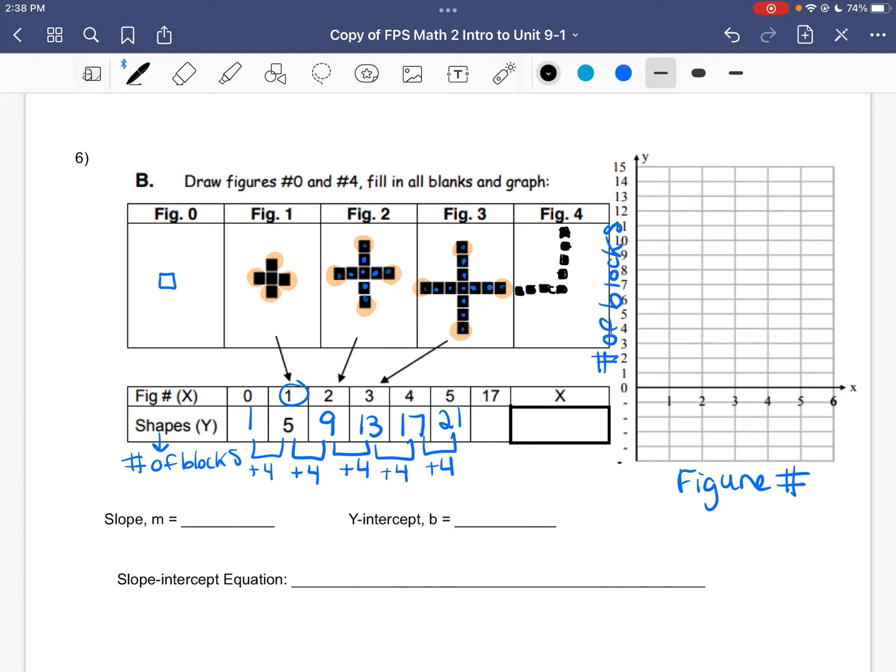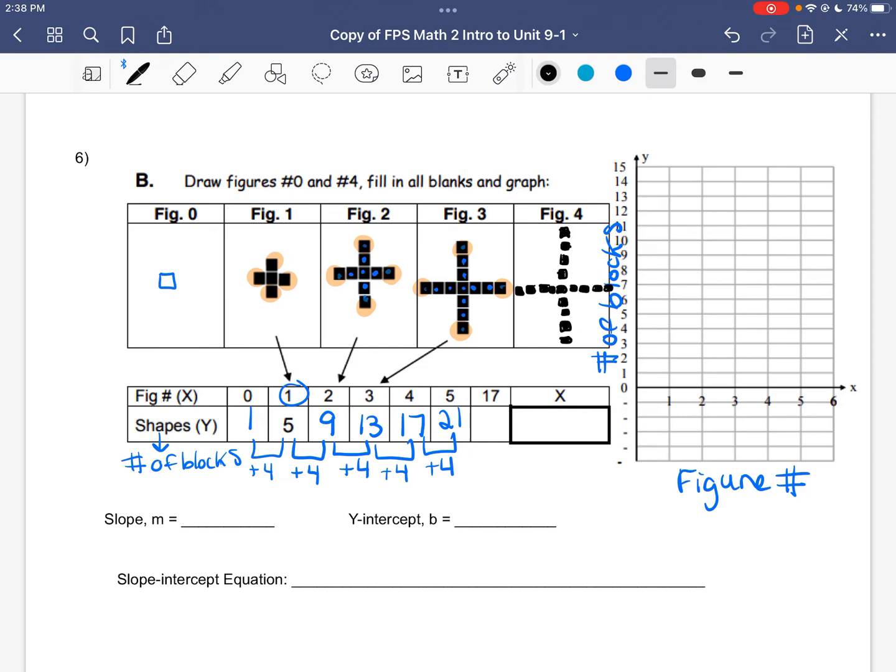Oh, I'm going to be 1 short. Squeeze 1 in there, and then 1, 2, 3, 4, and 1, 2, 3, 4. I think I got all of them. And then we can obviously count and make sure it all works.